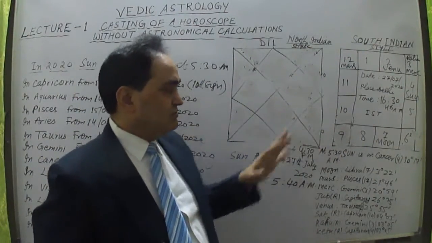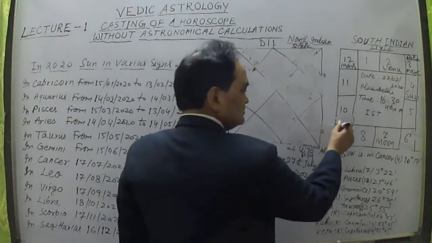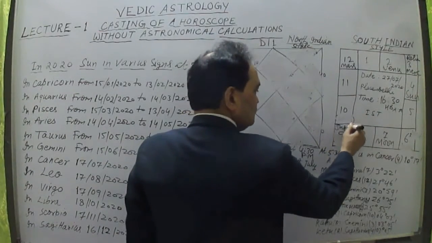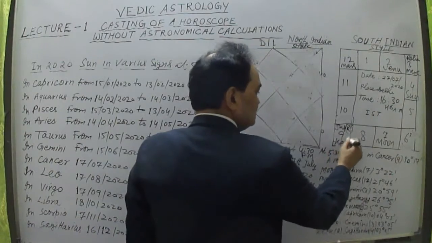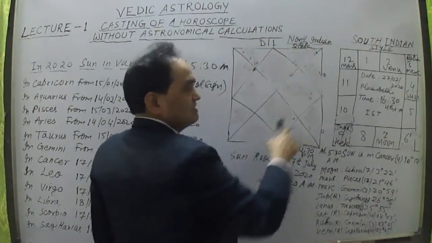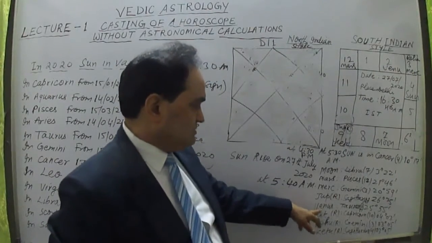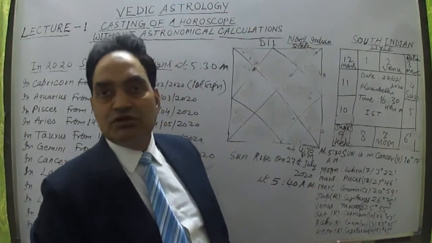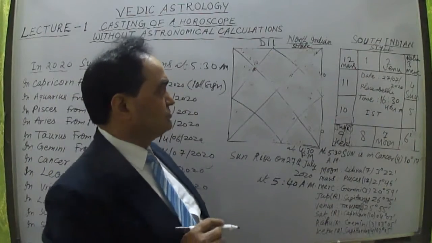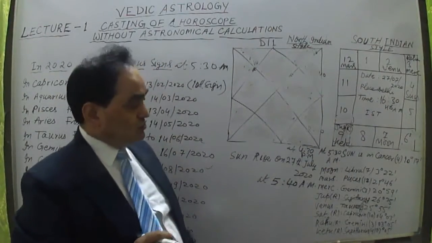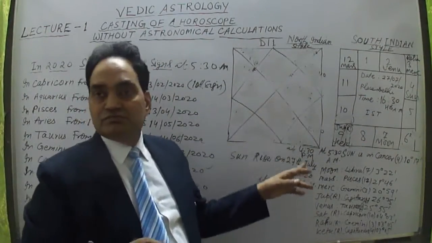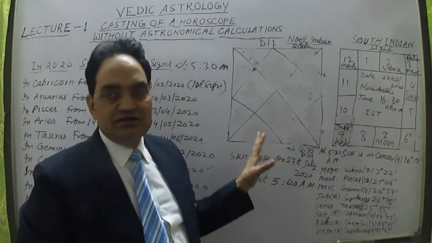The moon is in Libra sign, the sun here in Sagittarius sign, Jupiter was there, retrograde, Ketu was here, and Mercury was there. Mars is in Pisces sign at 21 degrees 46 minutes. So in South Indian style, the positions of the planets are in the different signs.